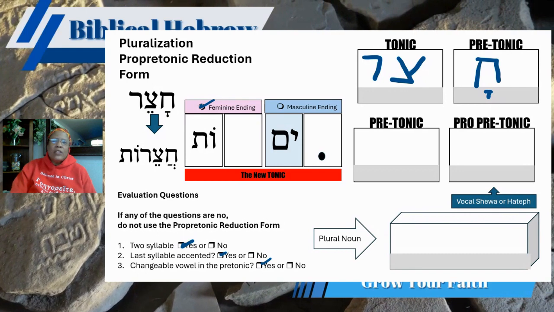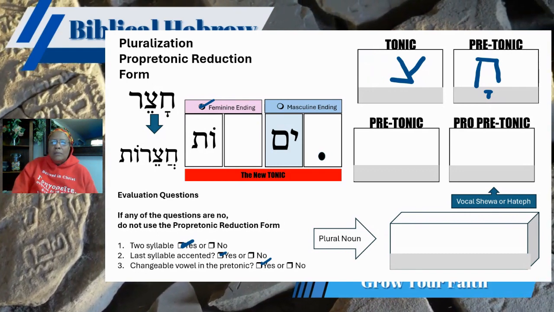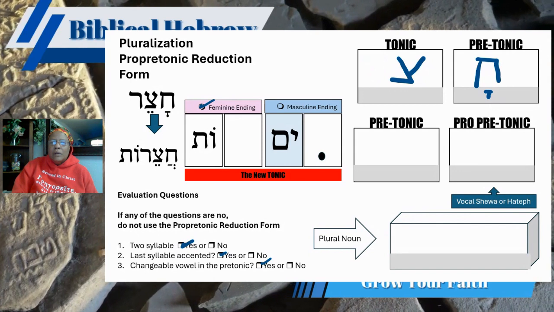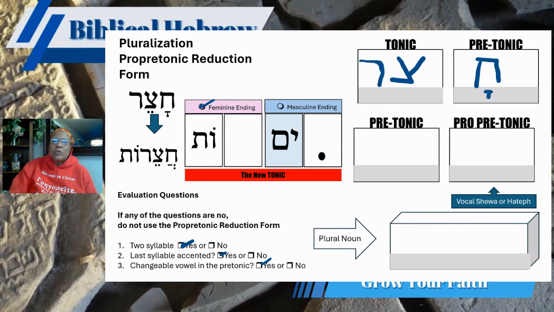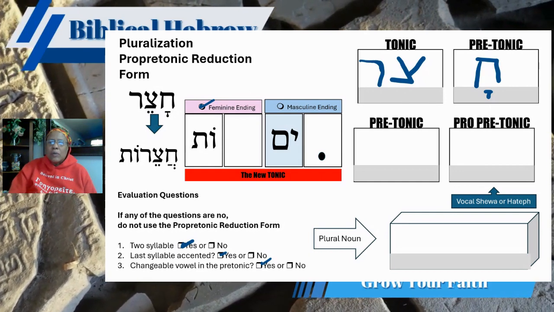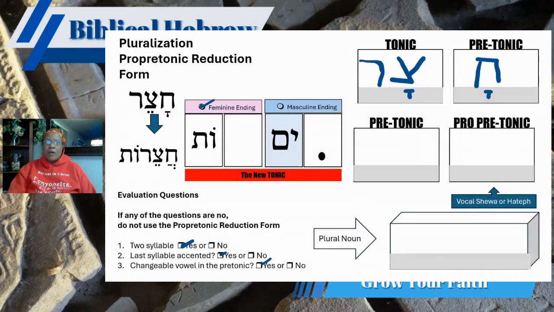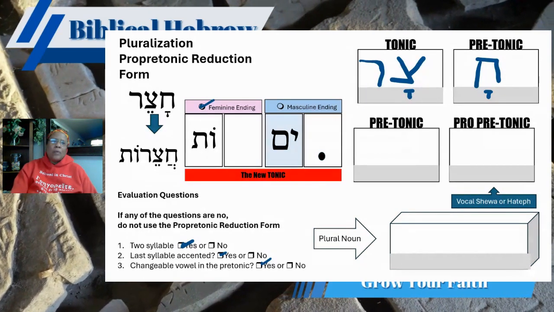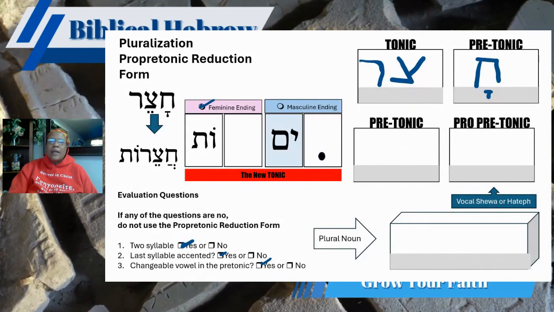And, you know, the resh really does have a curve. It's curved here. So just make sure that it looks curved. And then let's make sure that we put the proper vowel pointings there. Okay. Is that the proper vowel pointings? Did you catch my error? All right. Hopefully you caught my error.